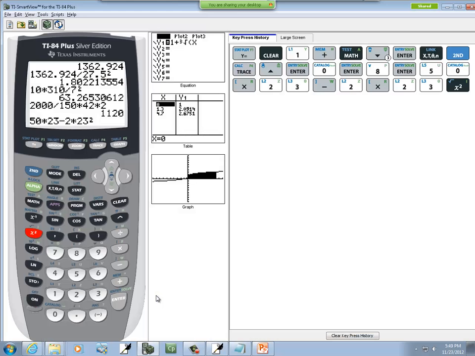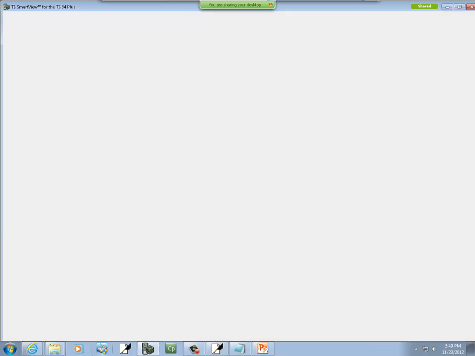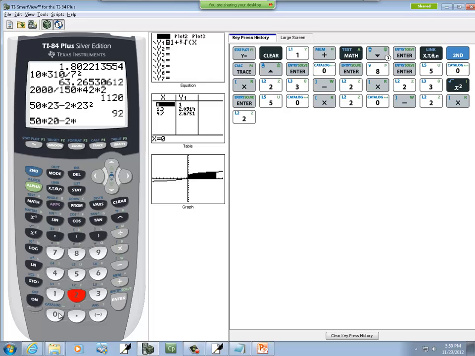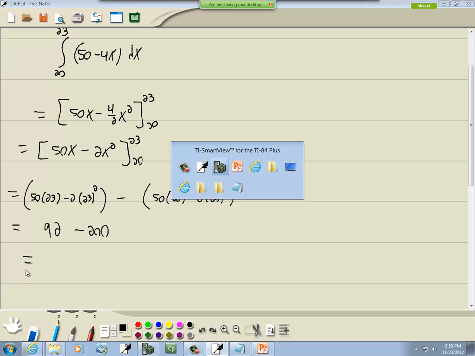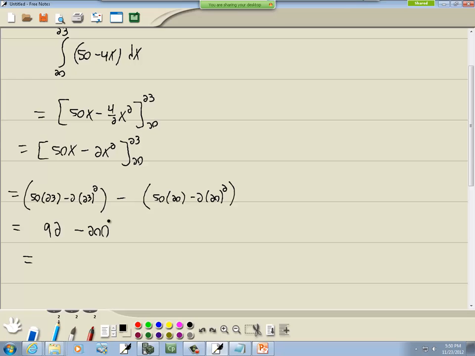That looks good. Enter. I get 92. Minus 50 times 20 minus 2 times 20 squared gives us 200. What is that? 92 minus 200. Negative 108.